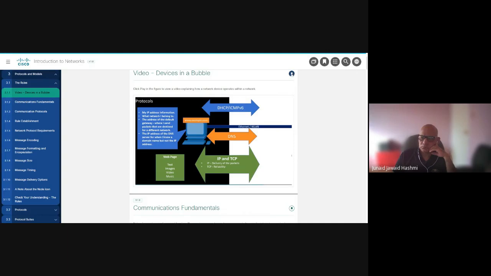The web server will then respond back with the requested web page. TCP is a protocol used to guarantee reliability. In other words, to make sure all the information that was sent was received, such as the information that makes up the requested web page. If any of the IP packets don't make it to the destination, TCP resends them.